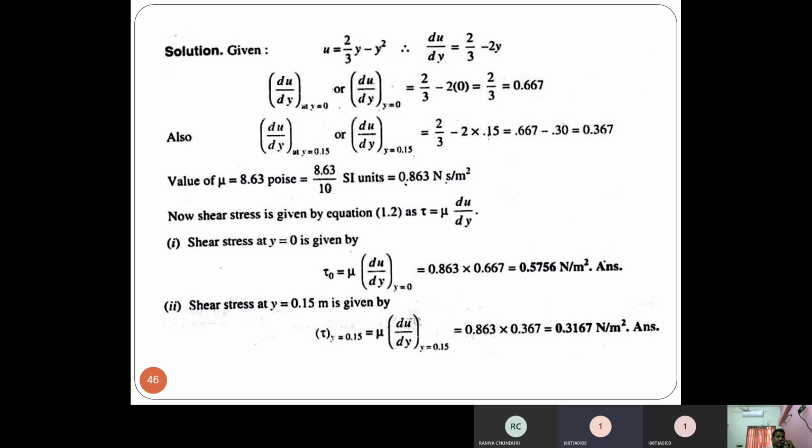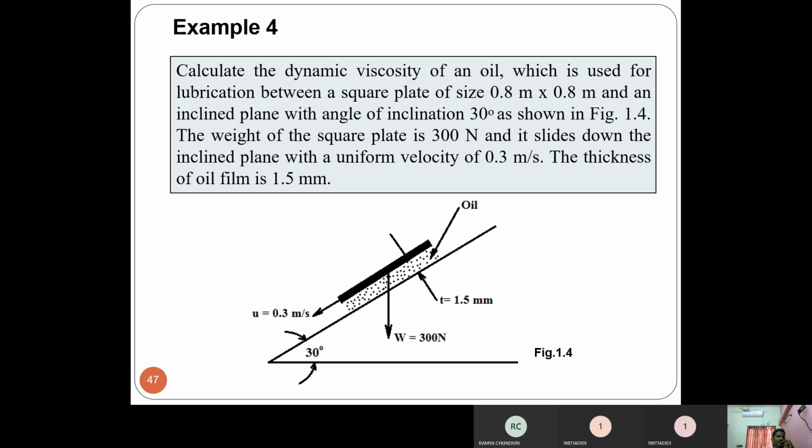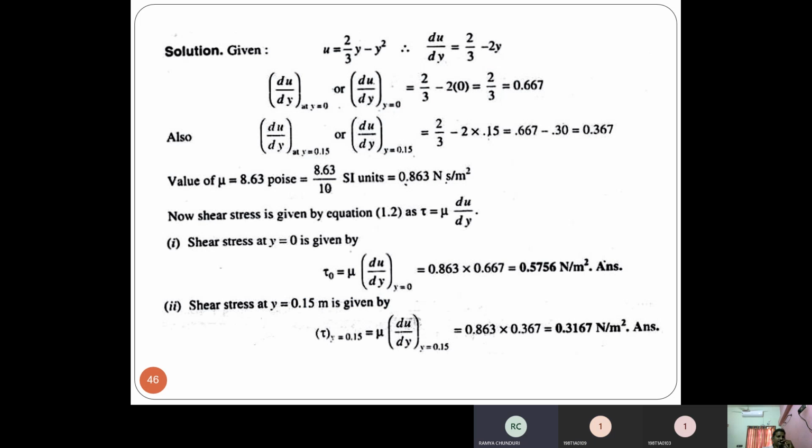And he has given viscosity mu equal to 8.63 poise. 1 poise is equal to 1 by 10 Newton second per meter square. Therefore, all of you see this conversion: 8.63 poise is equal to 8.63 into 1 by 10 Newton second per meter square in SI units.